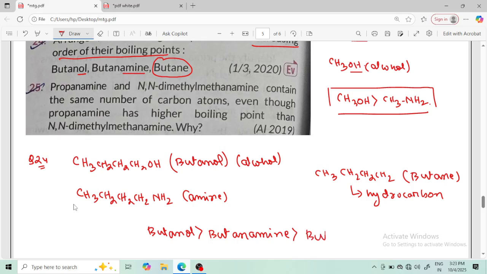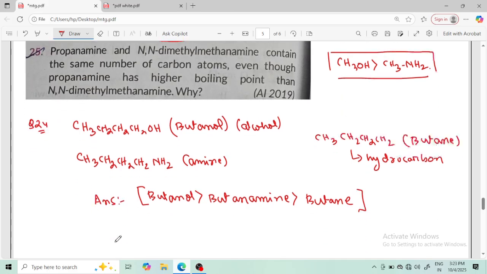So this one is butane. They are asking for decreasing order, and decreasing order is always big to small, right? So that's your answer. Got it? Okay, understood? I'll be rubbing this and we'll be doing question number 25 on this page itself, so I'm pausing for a few seconds.